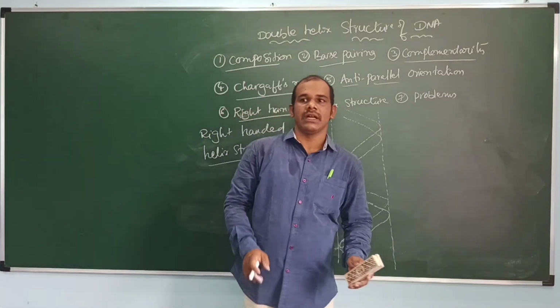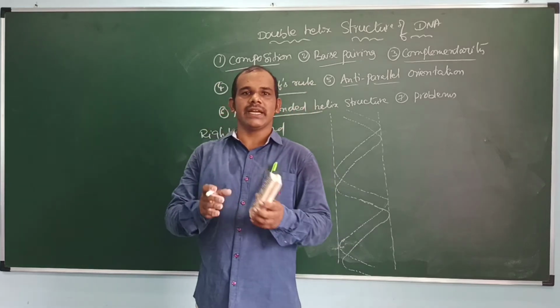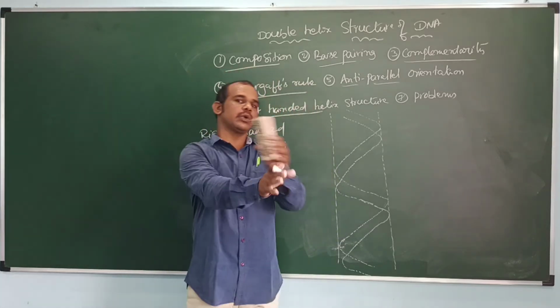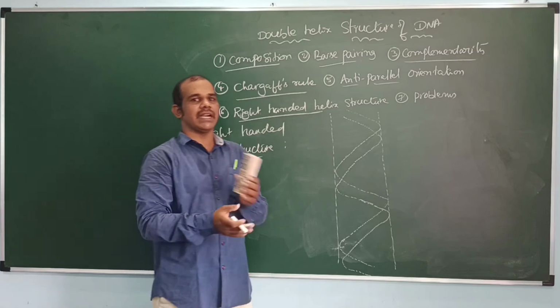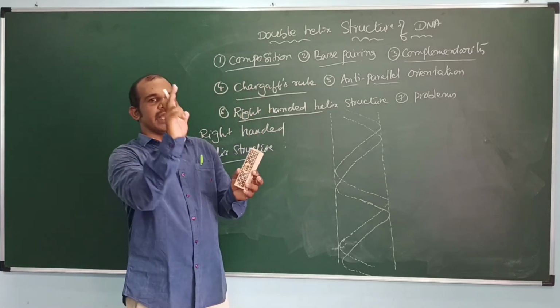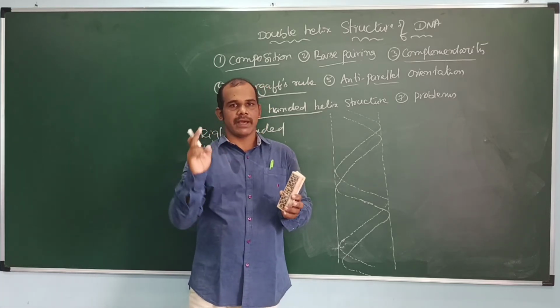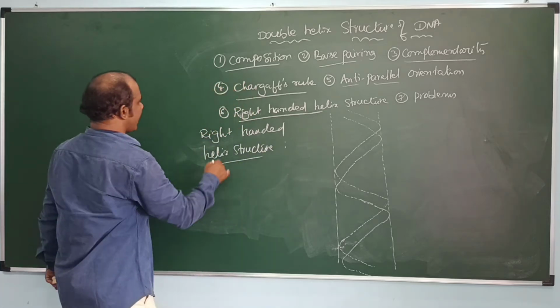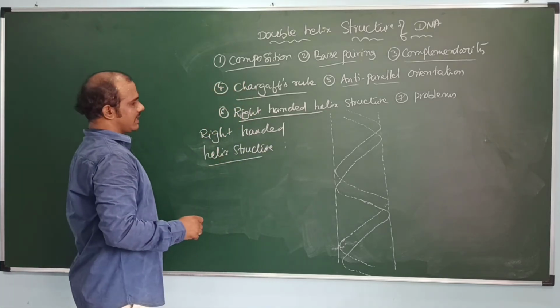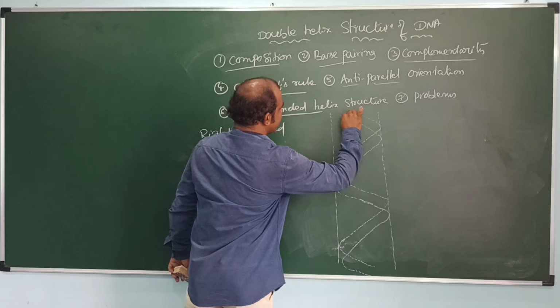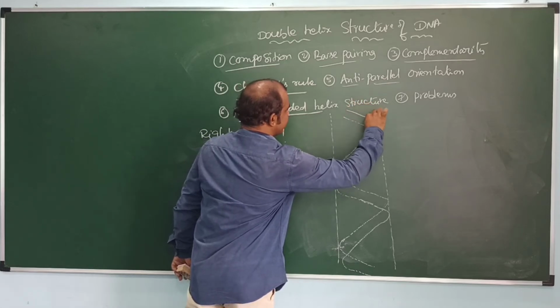Right-handed helix means two polynucleotide chains in a DNA run parallel to each other and are twisted around one another to form a helical-like or spiral-like structure, which is called right-handed helix structure. This is right-handed helix structure.